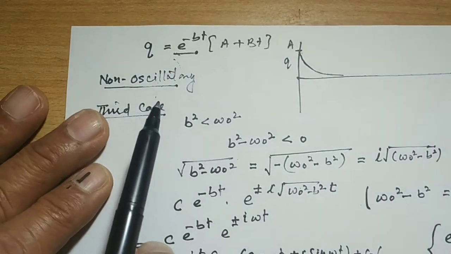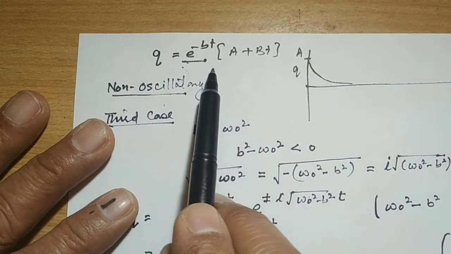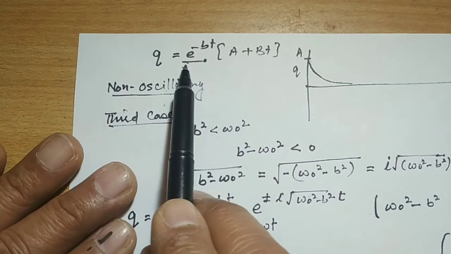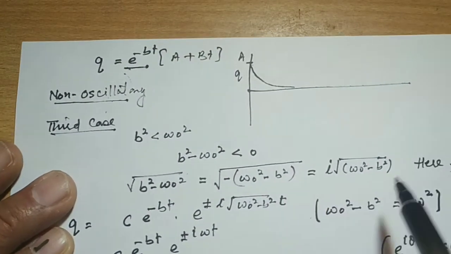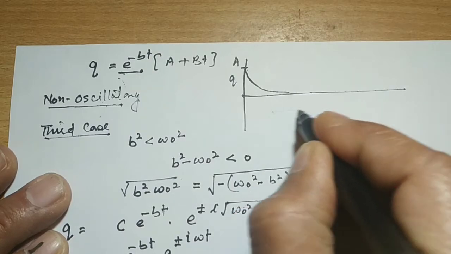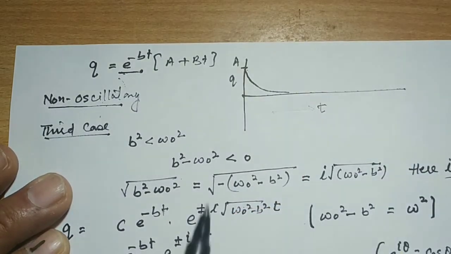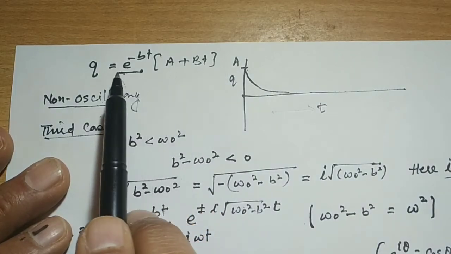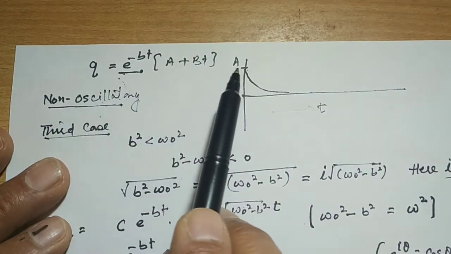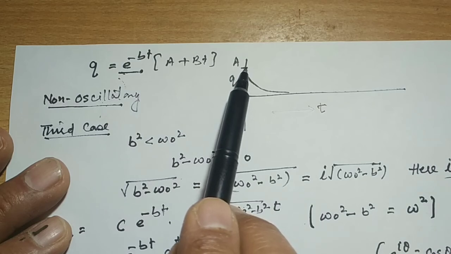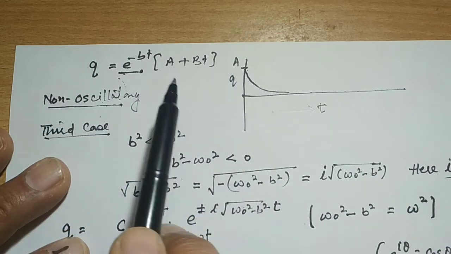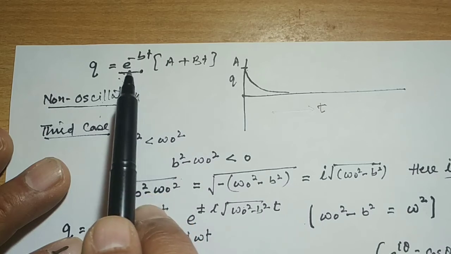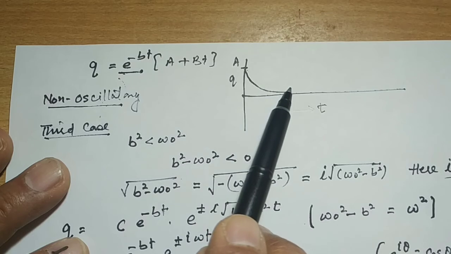The variation of the charge with the A plus Bt term comes out as shown in this diagram. Here we have t this side and charge this side, and the maximum value of the charge we can take as the amplitude, and it decreases sharply with the exponential term, and it decays rapidly to zero.